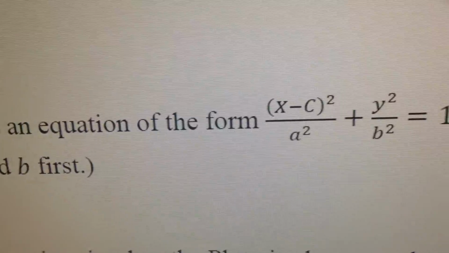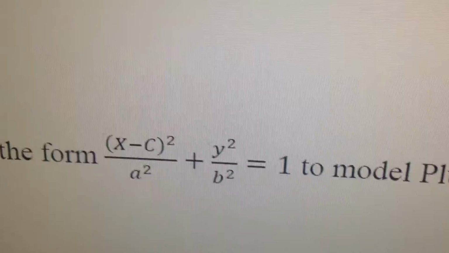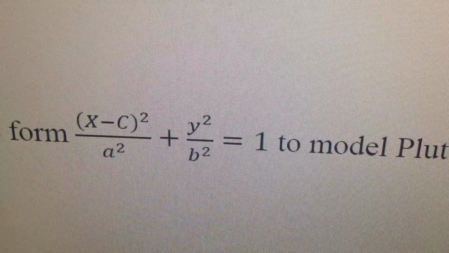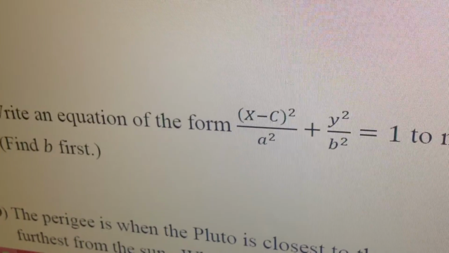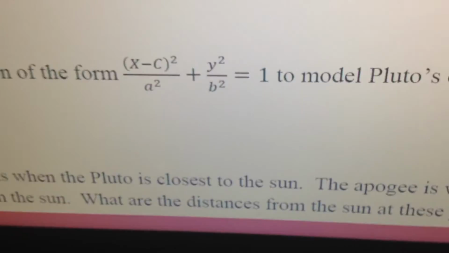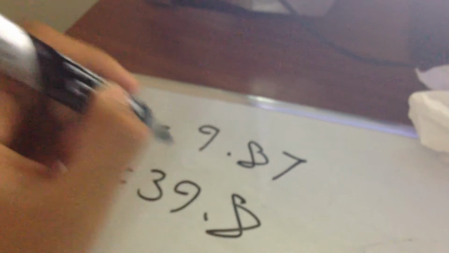Write an equation of the form (x minus c) squared over a squared plus y squared over b squared equals 1 to model Pluto's orbit. Find b first. We have c, which is 9.87, and a, which is 39.8.